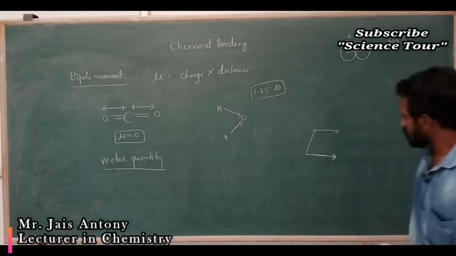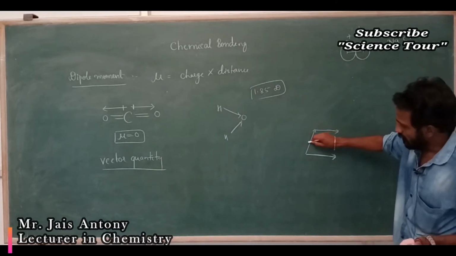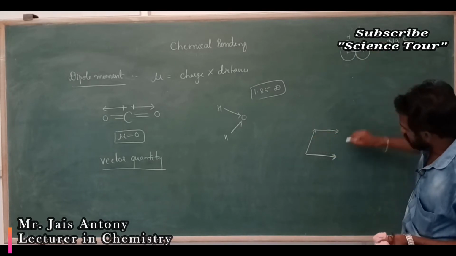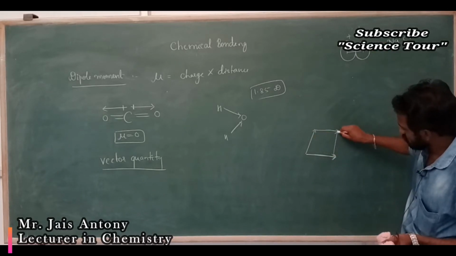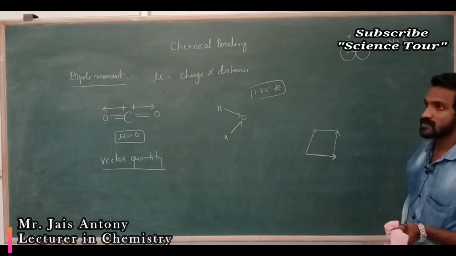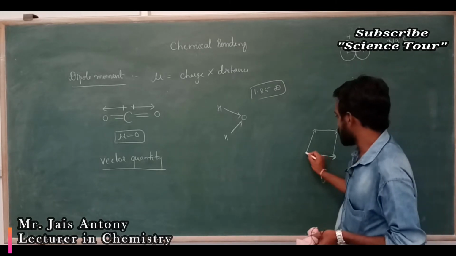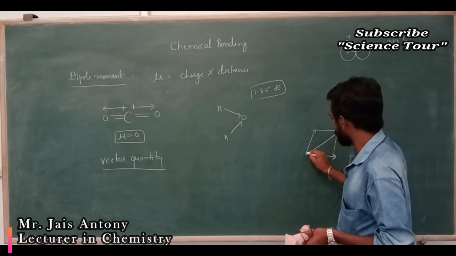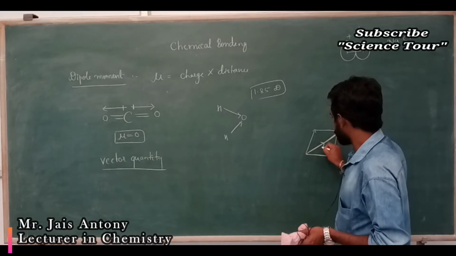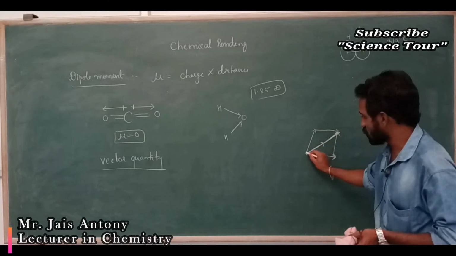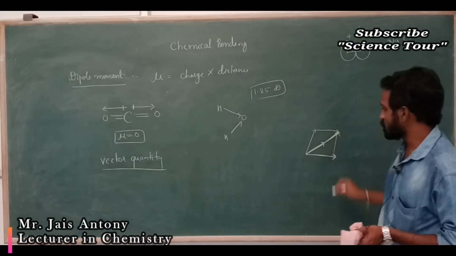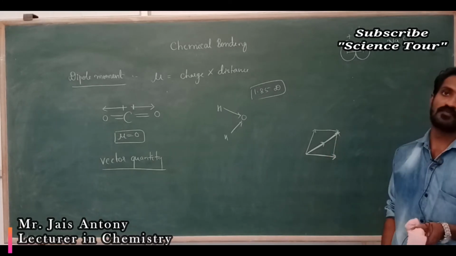And at the same time one more parallel line, same headed, you have to draw from here to here. So the resultant dipole moment is here to here. This is actually the resultant dipole moment.